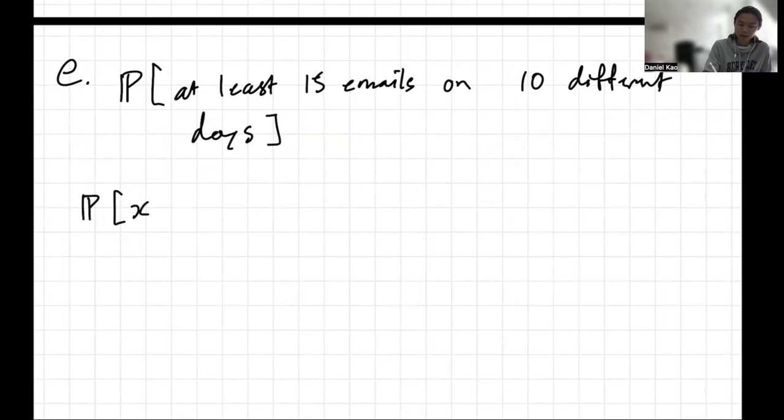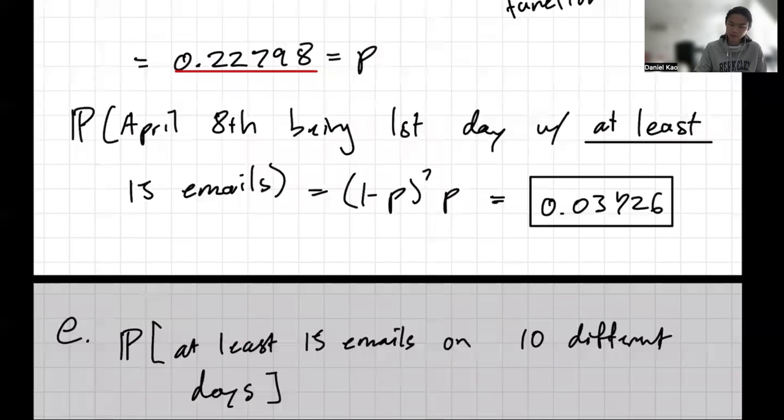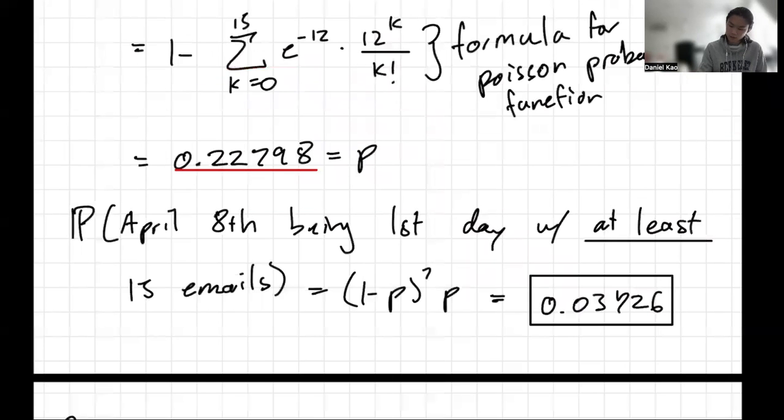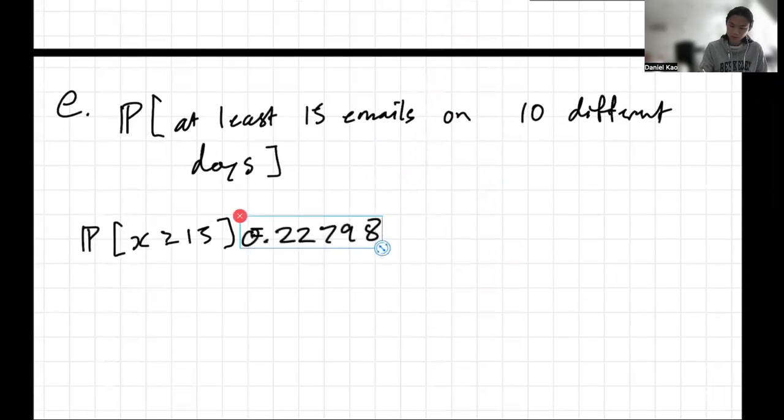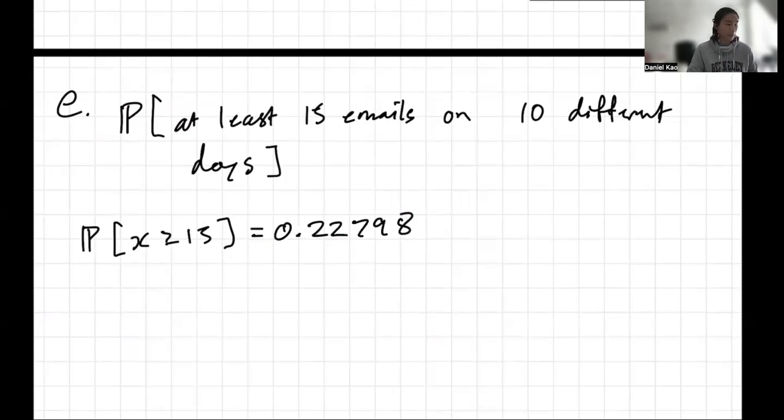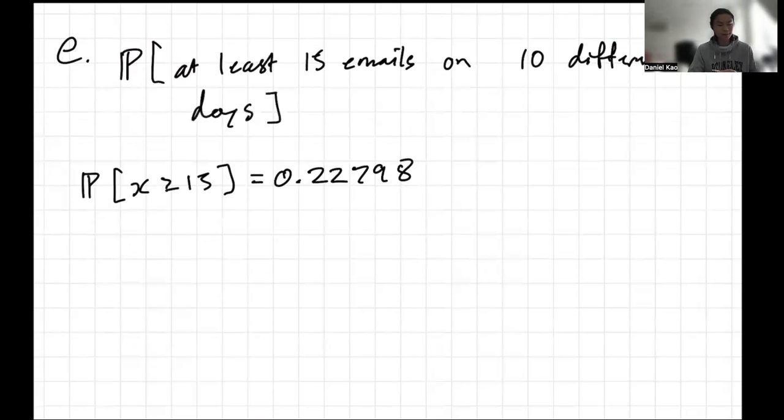Probability that, let's say, x is greater than or equal to 15. We already have that, and that's up here. So let's just copy that, paste it right here for ease of calculation, so we just don't have to go back and forth.